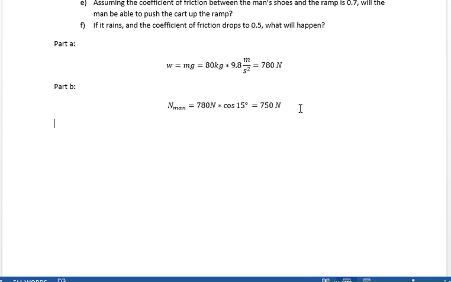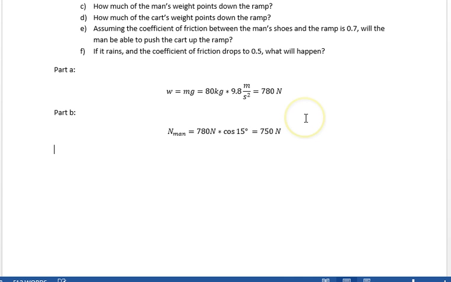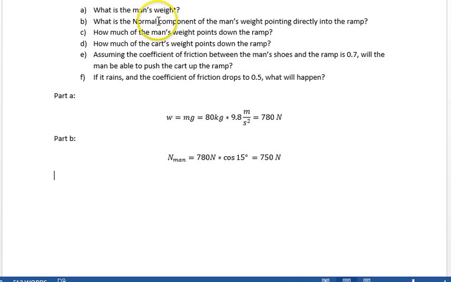That's the normal component of his weight straight into the ramp.